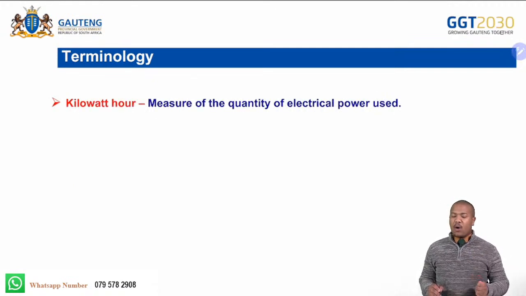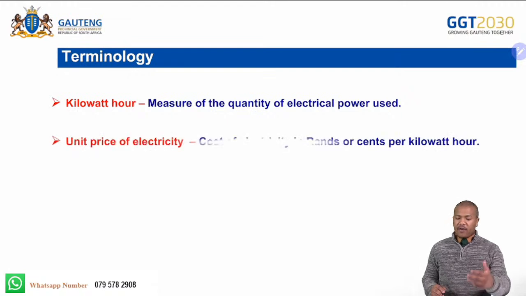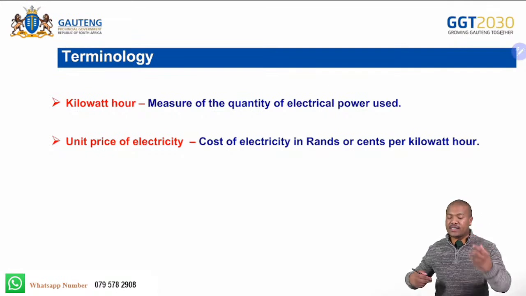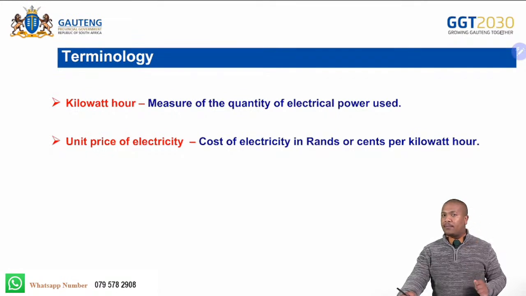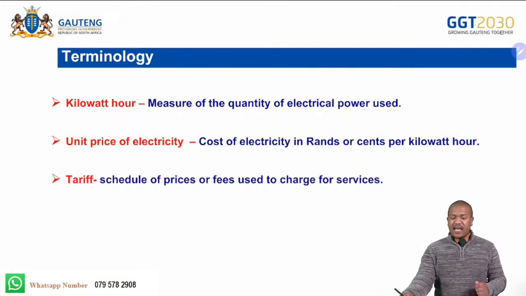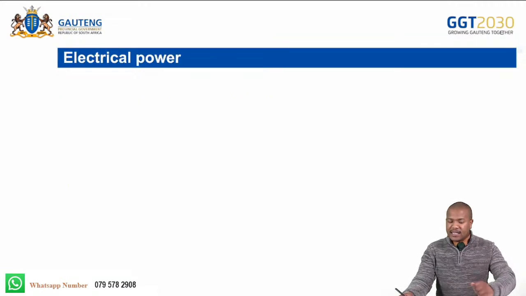And kilowatt hour is the measure of the quantity of electrical power used. We also have unit price of electricity. And that is the cost of electricity in rands or cents per kilowatt hour. Then we have what? Tariff, which is a schedule of prices or fees used to charge for services.